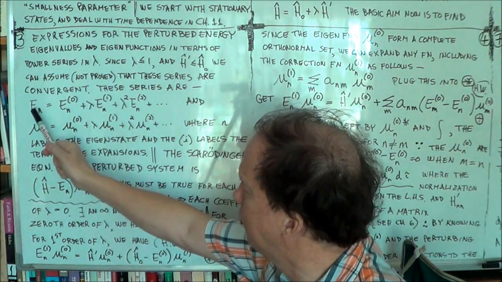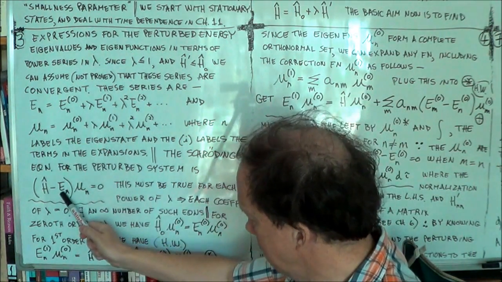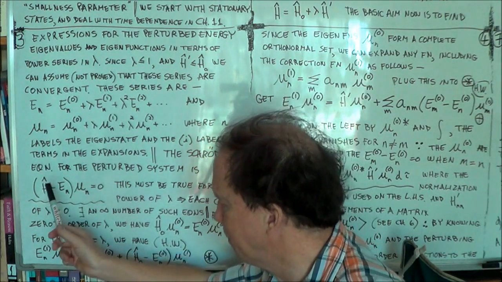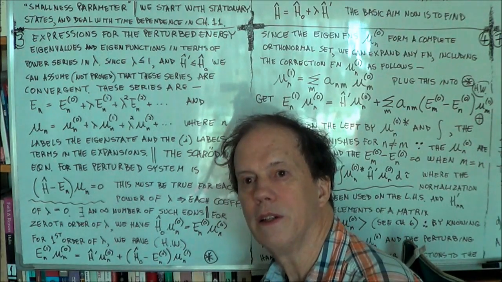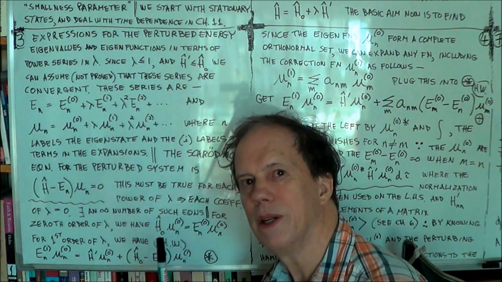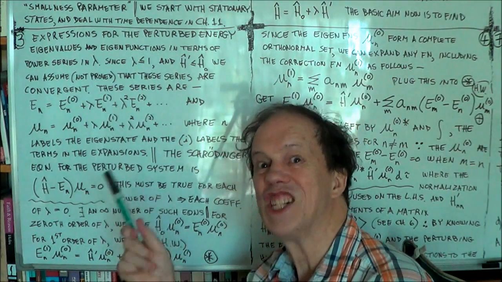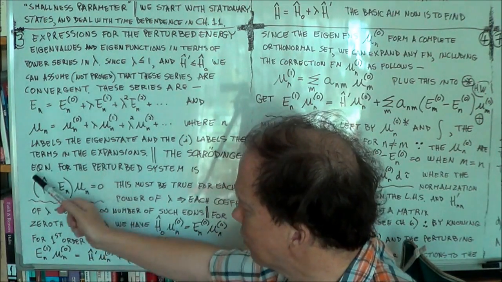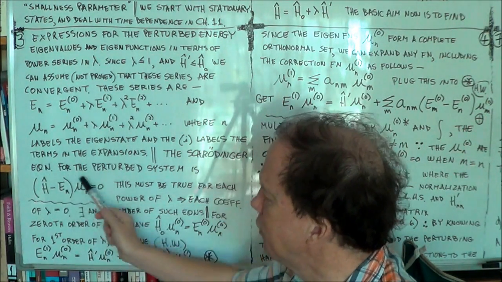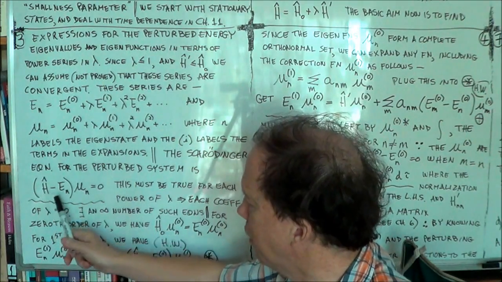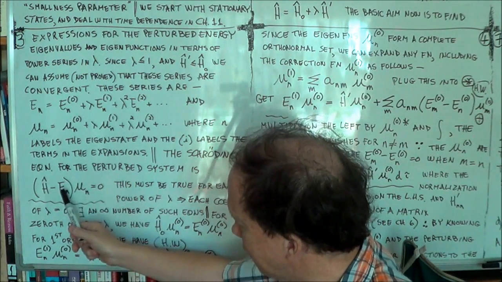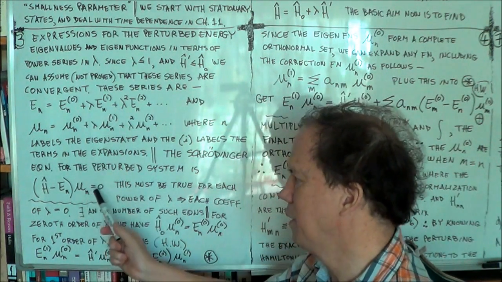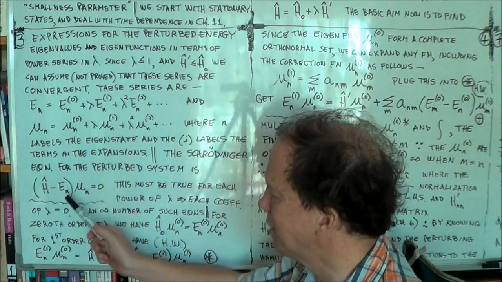So you can plug in this formula here. You can plug in all this here, and for H hat here, you plug in H0 hat plus lambda H hat dashed, the perturbing term in the Hamiltonian. So you plug in all those three things into this equation. Now you put it all on the left-hand side. Usually an eigenequation is operator eigenfunction equals eigenvalue eigenfunction. That's the usual way to present it. But here we've just taken the right-hand side over, it's minus.